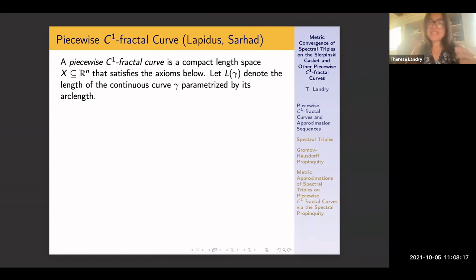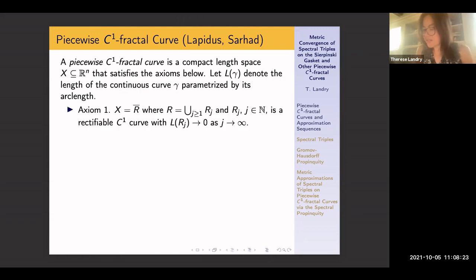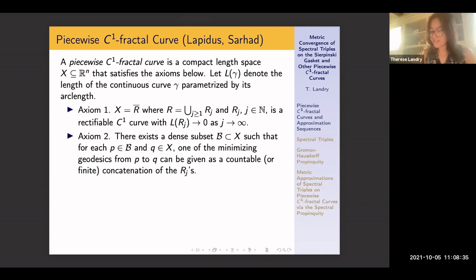And it's a compact length space that satisfies the following two properties. First of all, the space can be written as the closure of a countable set of parametrized curves. And furthermore, this set can be ordered by decreasing length. The role of this second axiom is that it tells you that the endpoints of the set of parametrized curves in the first axiom are dense in the space.